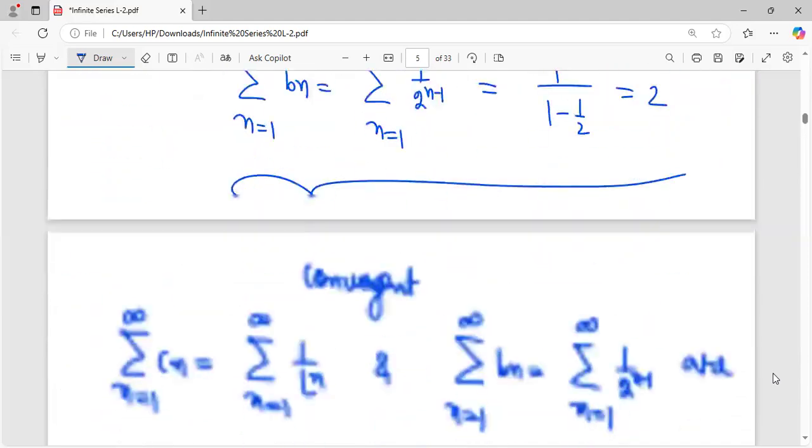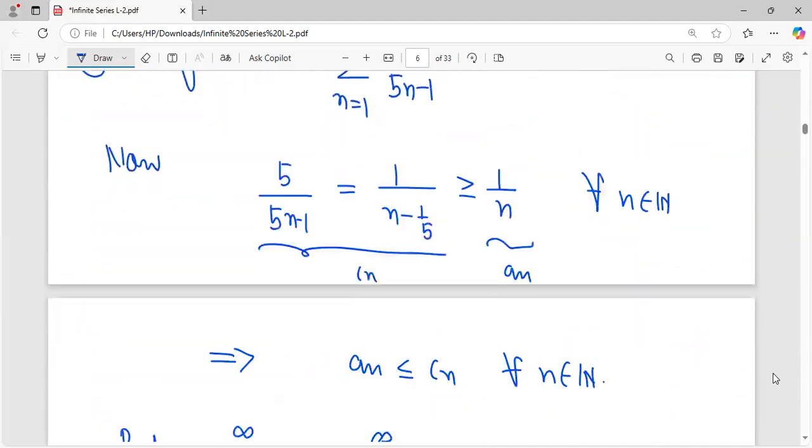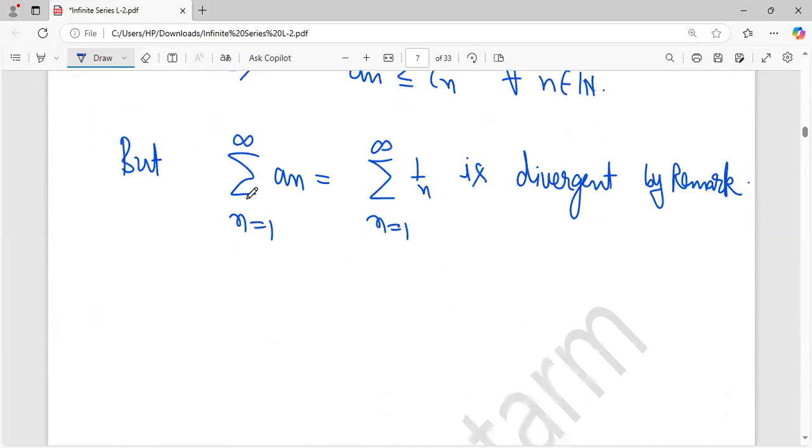Yeah, it was the note. By the note, divergent.